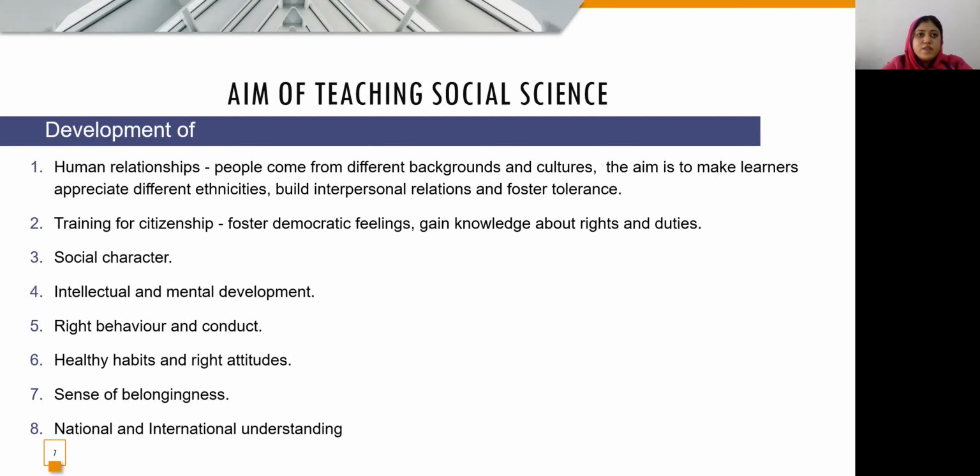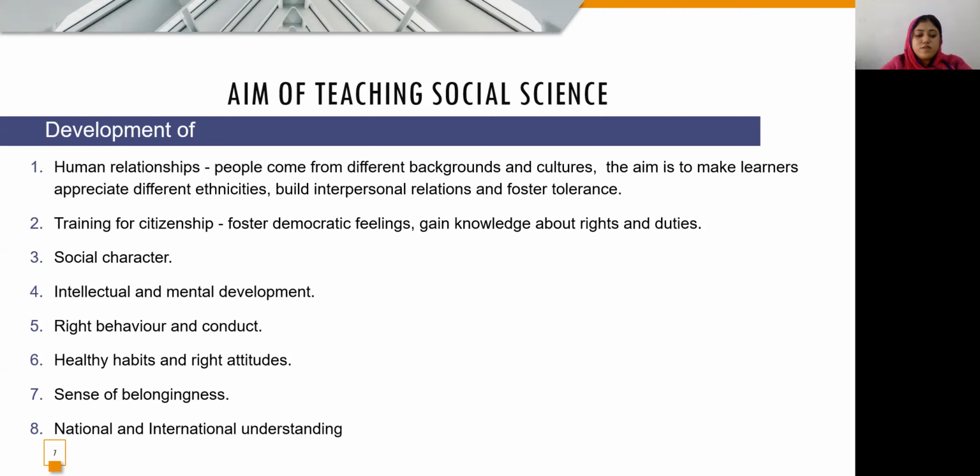Intellectual, in the sense that they will be in a position to be with the whole society and live among the people. And mental development, from a young age to teenager to adult, takes place because social science is a subject that teaches how to live in society.